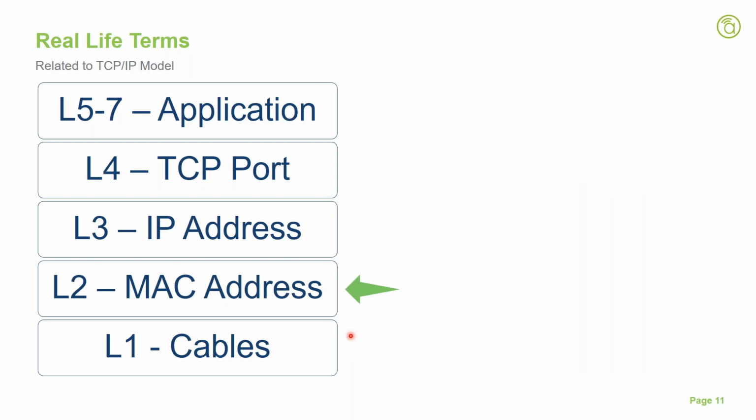Layer 2, this is when we get into something that is more logical, but is tied to a physical interface. So think about layer 2 as a bonding between the logical and the physical, and it's the preparation of your package to be held into the electrical wiring or the airwaves. The way you see it in the field most commonly is what is called a MAC address, which is Media Access Control address.